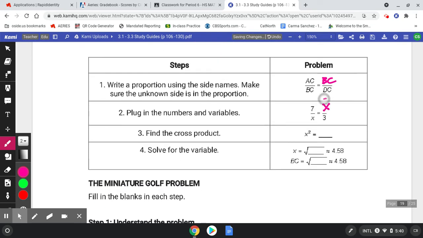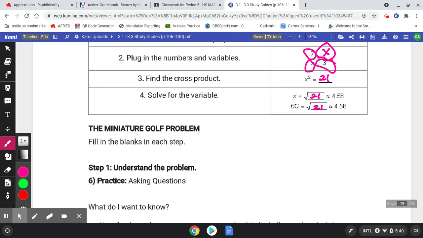So when I multiply through, X times X makes X squared. 7 times 3 makes 21. We get that X is equal to the square root of 21, or 4.58, and therefore BC is equal to the square root of 21, or 4.58.